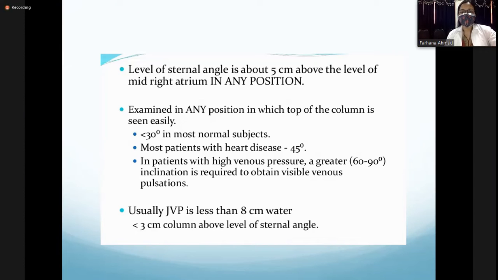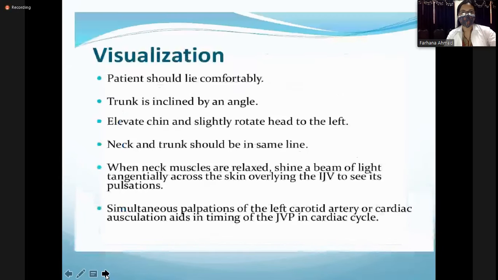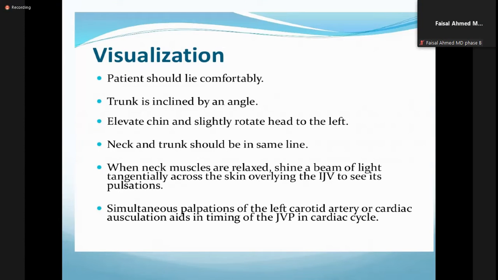Usually JVP is less than 8 centimeter of water, less than 3 centimeter column above the level of the sternal angle. For better visualization, the patient should lie comfortably with the trunk inclined by an angle. Elevate the chin and slightly rotate the head to the left. Neck and trunk should be on the same line.